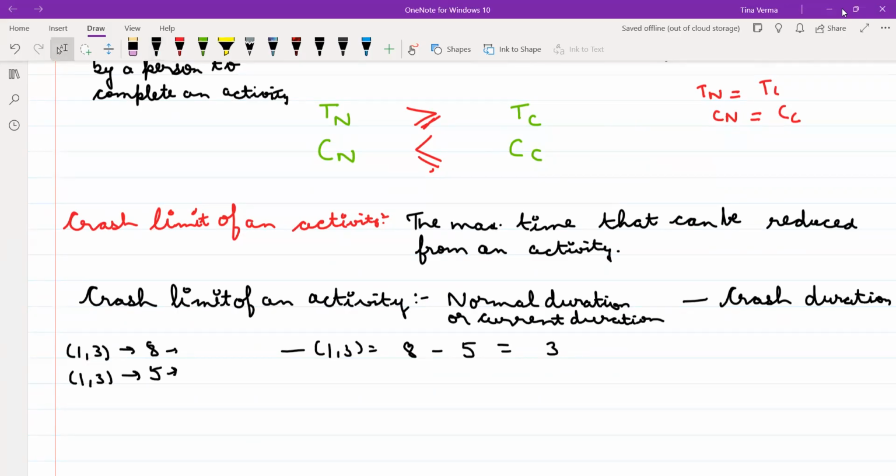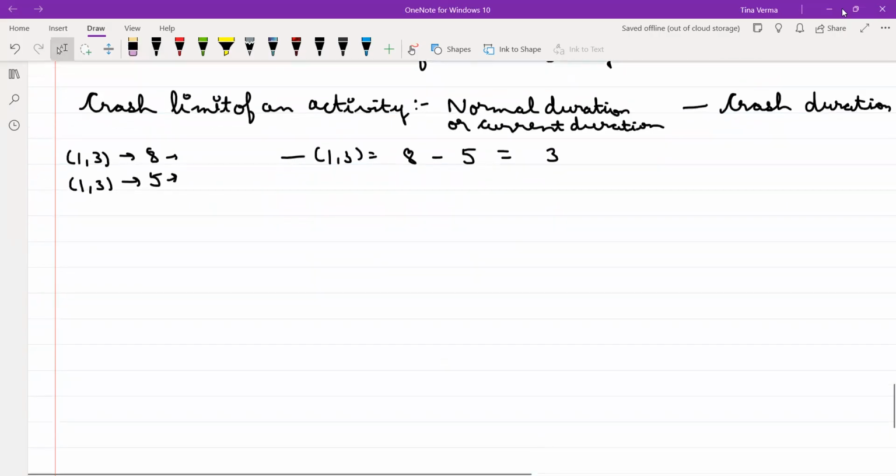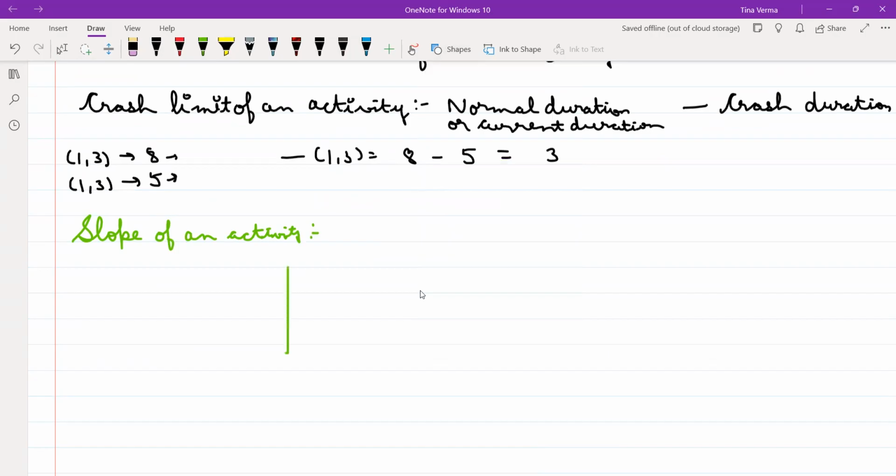Clear? Next is slope of an activity. All these terms you will use in your question when you have to reduce the number of days from the activity, right? Slope of an activity. So if you draw a graph of this, what you are saying is that the time for your crash duration will be less and the time for your normal duration will be more.